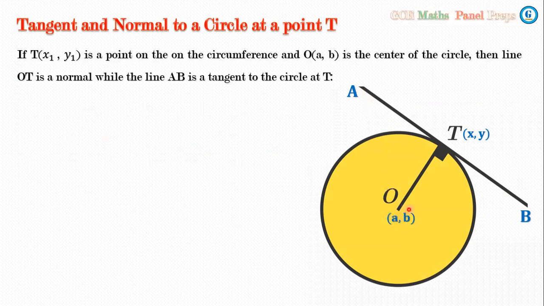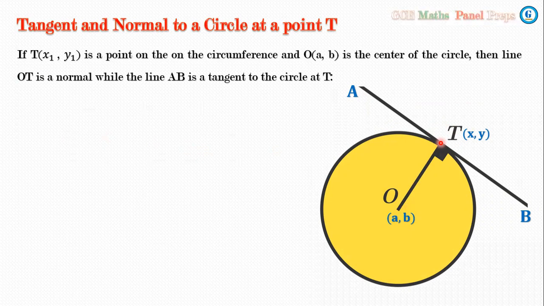So if O is the center of the circle, and T is a point on the circumference, then this line from O to T, this radius, is a normal to any line that touches this circle at this point. Here is a tangent. A tangent is a straight line that touches the circle at just one point.